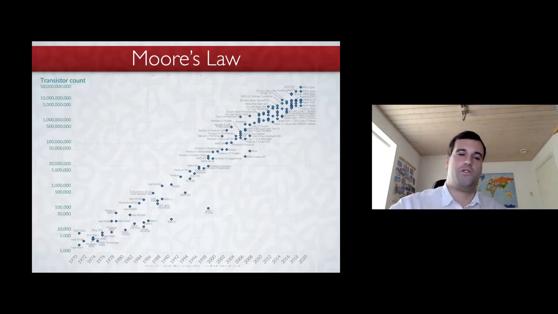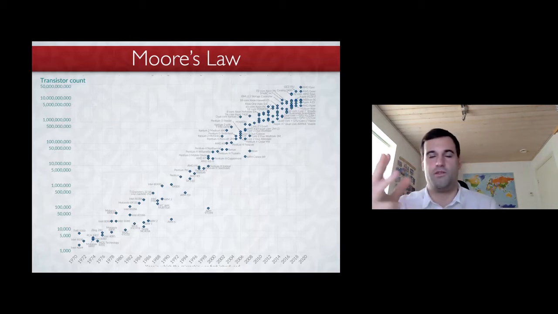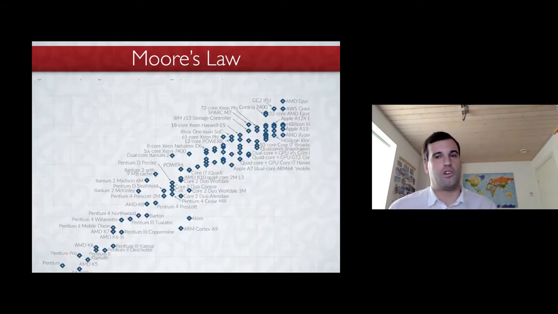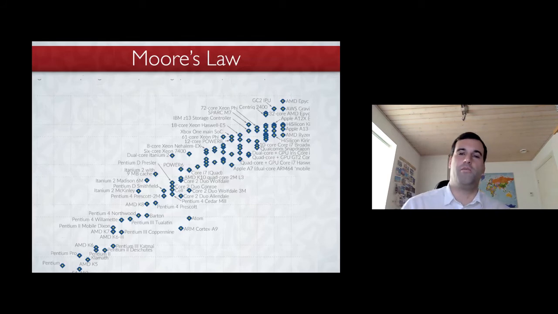And what we can see, even by eye, over the wide span of 50 years of computing, is that this trend has continued, even to these days, in the top right corner. If you zoom in, you can see computer chips which are currently produced still following this trend, more or less. So this trend seems to continue even longer than people expected.